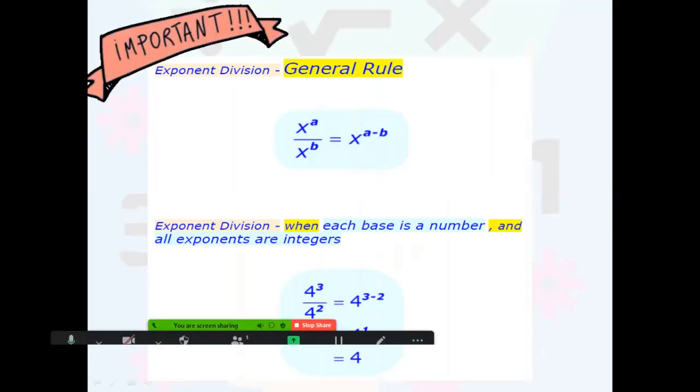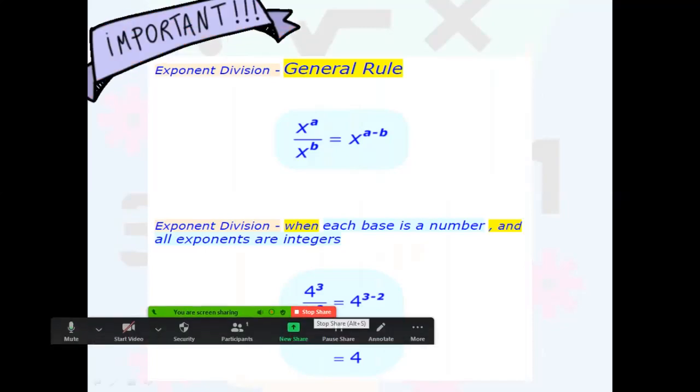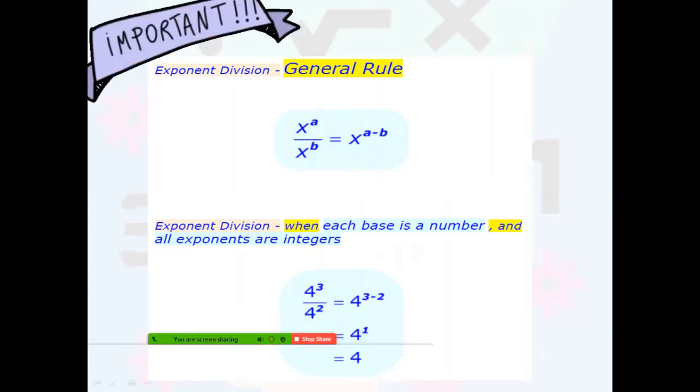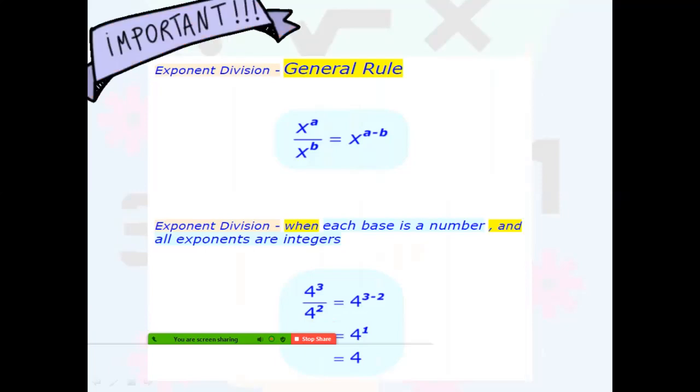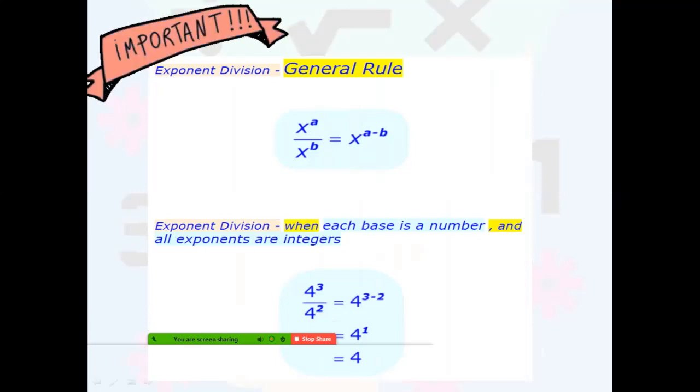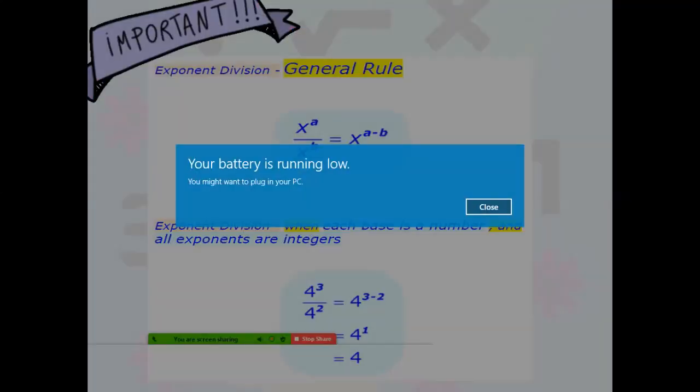For example, like this. The base is the same, the base is 4. So just subtract the exponents. 3 minus 2 is 1. Those are the 2 rules you need to keep in mind when we are simplifying rational numbers. All right, now let's go in detail and see how we can simplify these rational numbers.